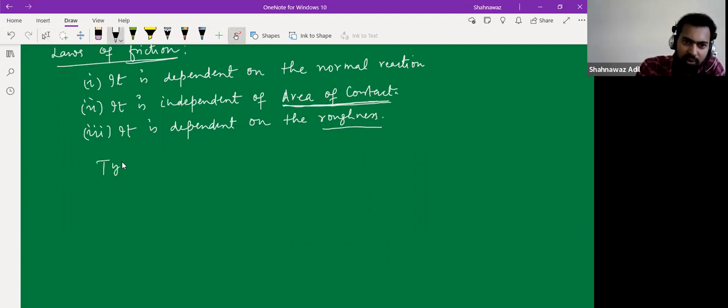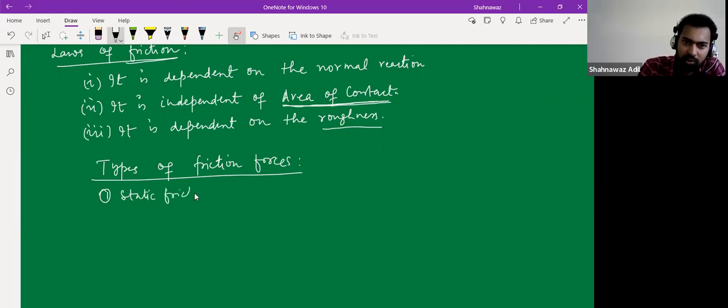So, types of friction: one is the static friction, and sometimes it is also called the limiting friction, right? And the other one is the kinetic friction.